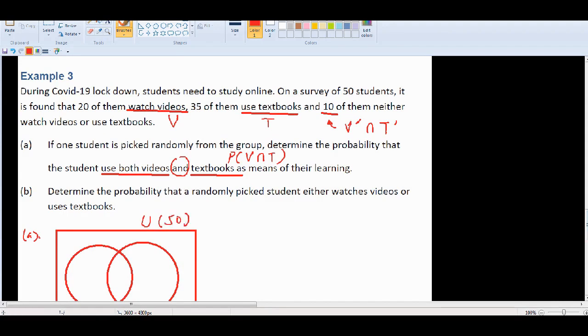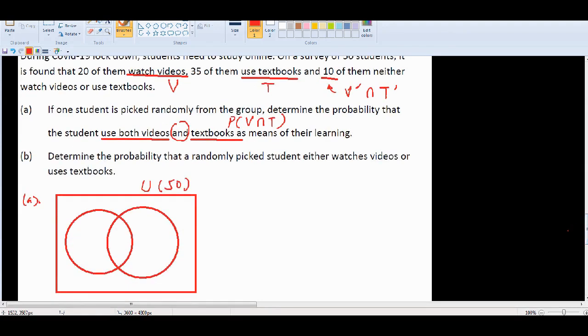So there are 50 students, and this circle is what we call V. This one is textbook, and there are 10 of them who neither watch video nor use textbook. That means outside the two circles would be 10, so let's write 10 here. Let's fill in the circles. Which part do we need to fill in first?